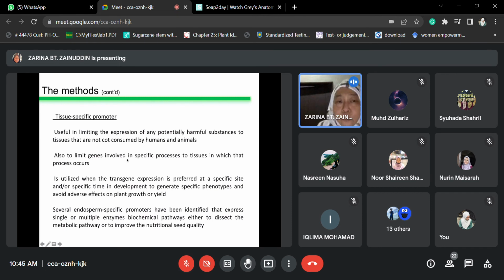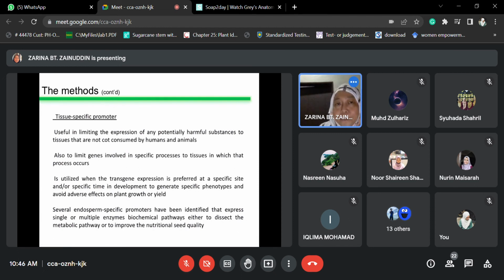Or this type of promoter can be used so that only certain tissue will express your gene of interest. So macam saya kata tadi lah, kalau you want to produce vitamin A dekat endosperm, dekat grain, so you can use endosperm specific promoter. So your vitamin A ni, the gene will be produced only dekat endosperm saja. Or we will also produce dekat seed saja. That's why we use tissue specific promoter.